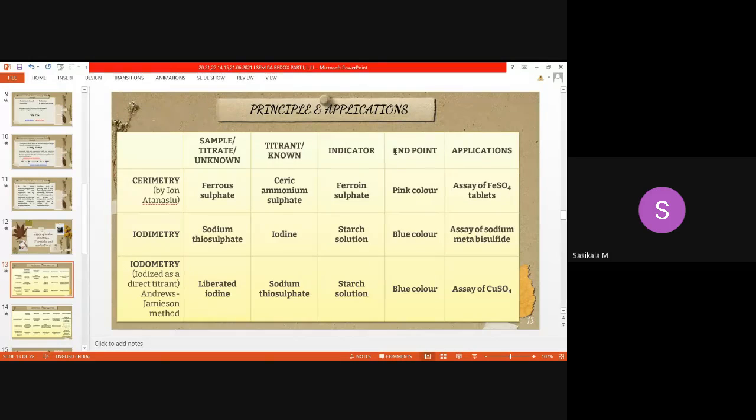Another one is the endpoint. When we use indicator dyes, we will find different color changes at the endpoint. So what will be the endpoint color, and what are the applications? With one example I have given the applications of that particular category of redox titration method.